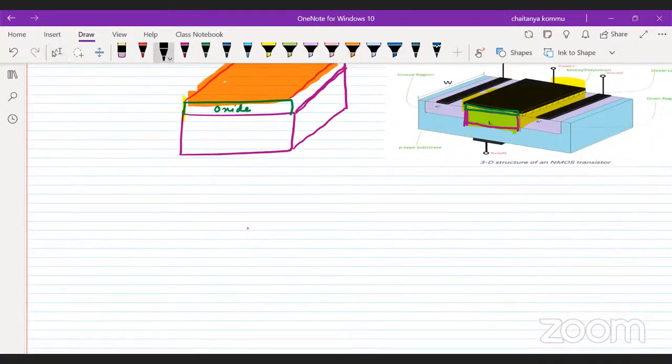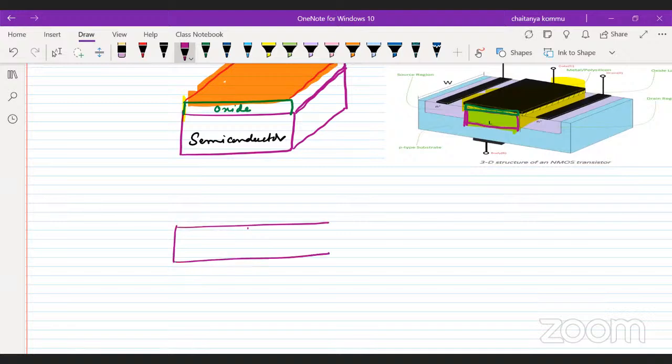Generally it is a semiconductor, right? Why do we need to take a semiconductor? Why can't we take a conductor? For example, consider this is a conductor.